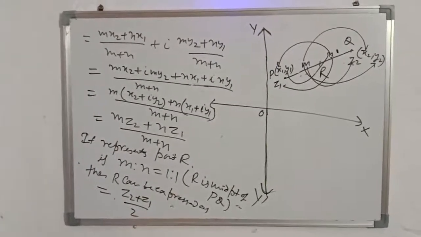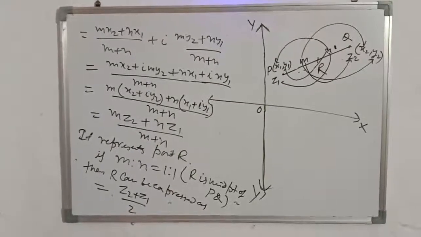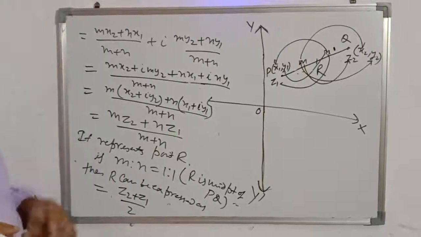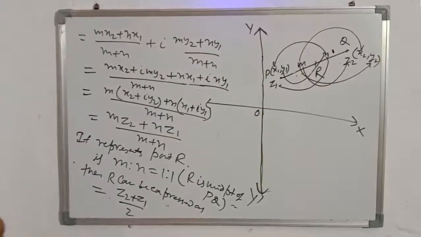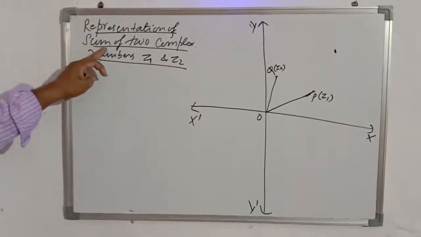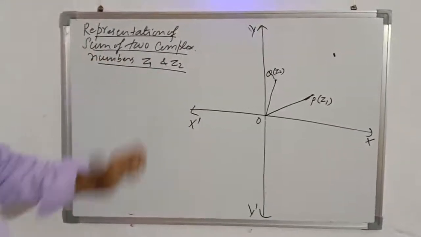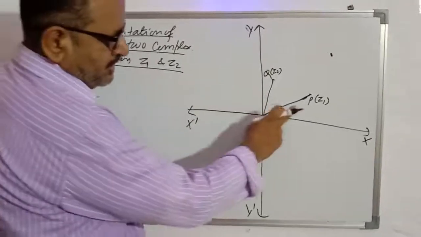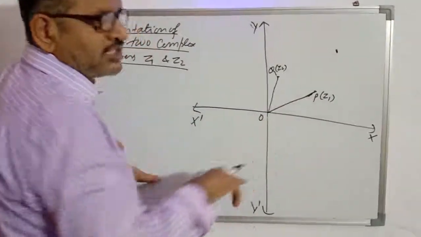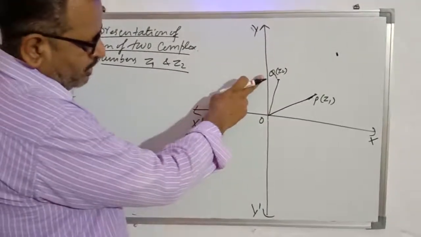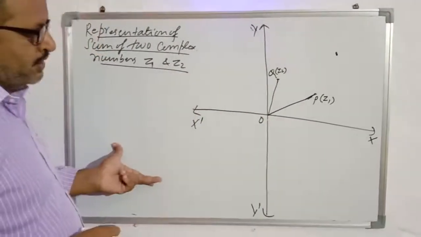Next, how can we represent in the complex plane the sum and the difference of two complex numbers? First, the representation of the sum of two complex numbers Z1 and Z2. Let Z1 be represented by point P and Z2 by point Q in the Argand plane.